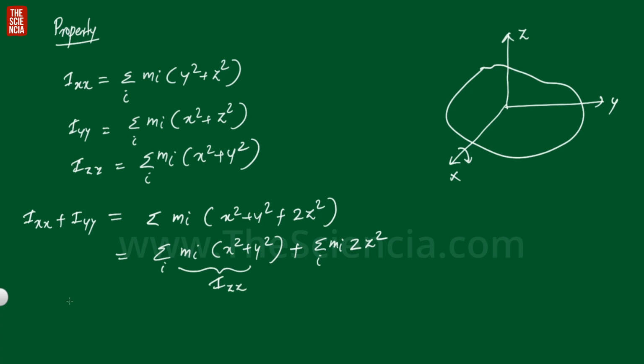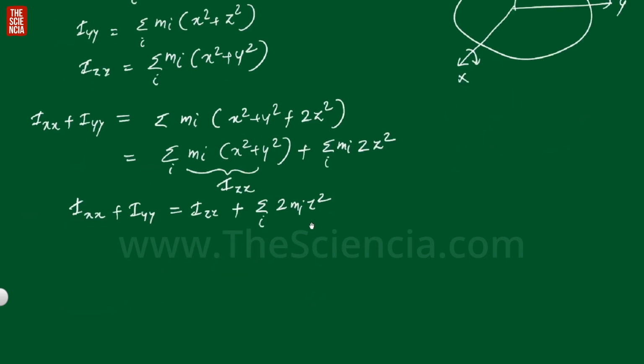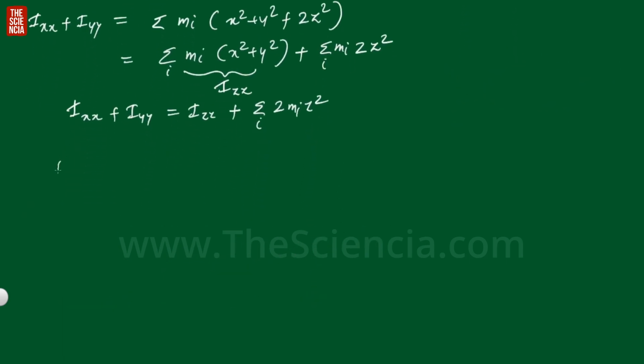Right. So we can write Ixx plus Iyy equal to Izz plus summation over i of 2 mi z square. Right. So I am rewriting this equation, that is Ixx plus Iyy minus Izz equal to summation over i of 2 mi z square.